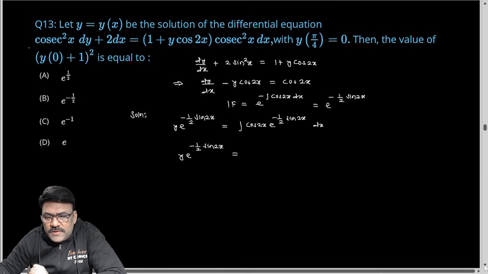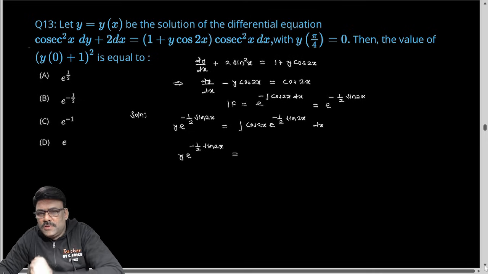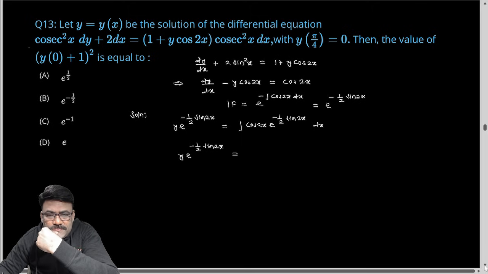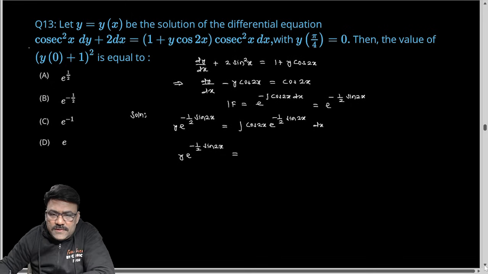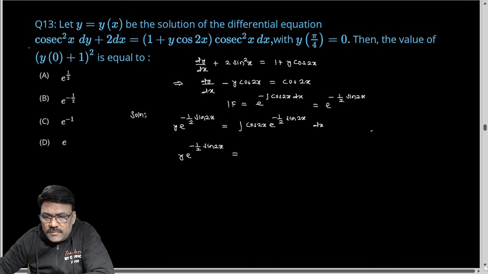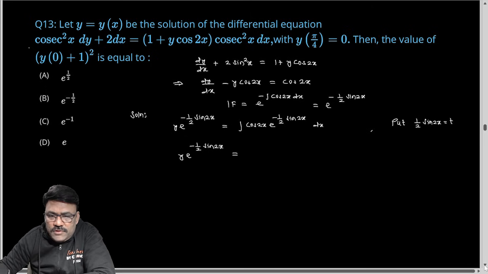Now on the right side, you can see if I substitute this half sine 2x as t, its derivative will be cos 2x dx equals dt. So this will become e raised to minus t dt, which is e raised to minus half sine 2x only.